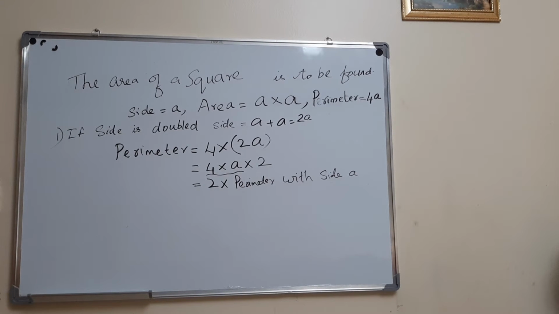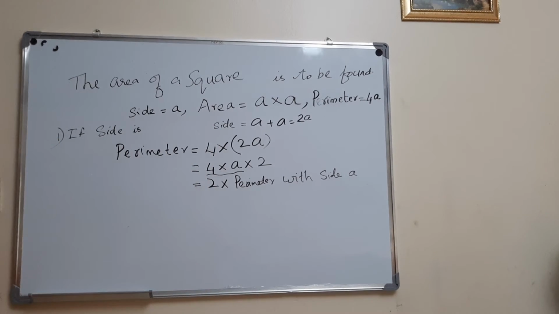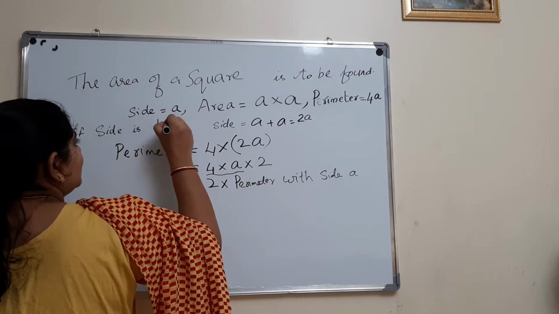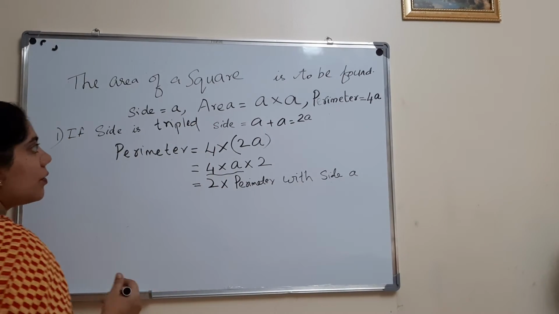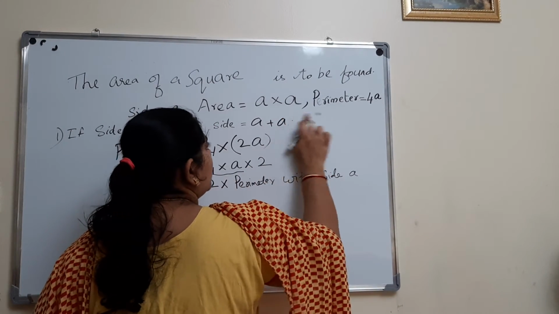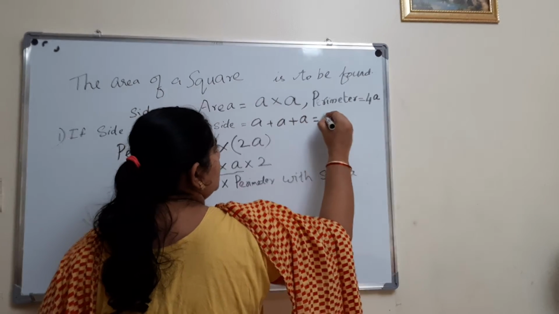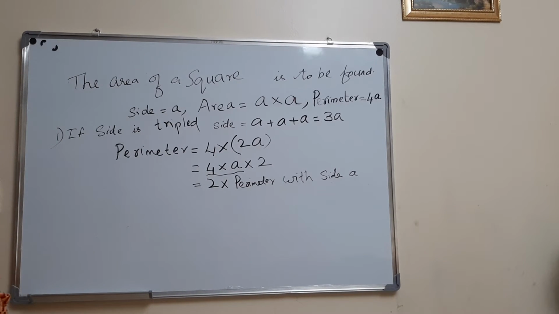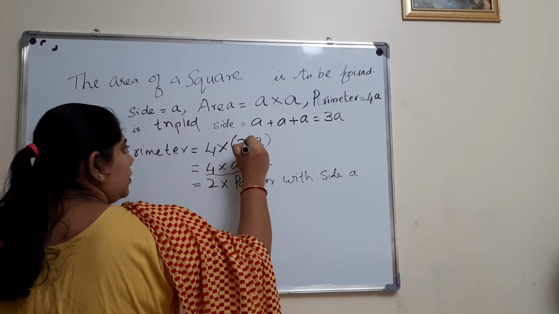So if I am making the side now tripled, what will happen? Tripled means 3, right? So one more A will come here. So A plus A plus A, that is 3A. Instead of 2A, we want to put 3A.